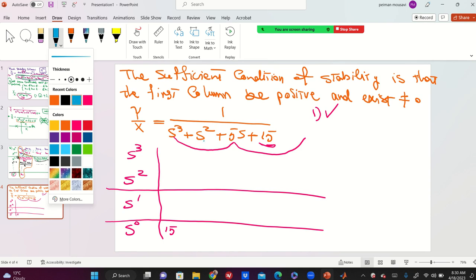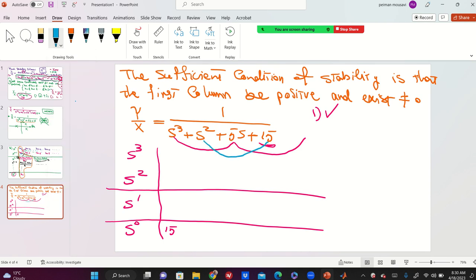And the second line is going to be this: 1, 5, and nothing here, 0. And now here 1, 15, nothing here, 0. Everybody understand what we have done? I'm just jumping to the odd and even coefficients. 1, 5, nothing here. 1, 15, nothing here.